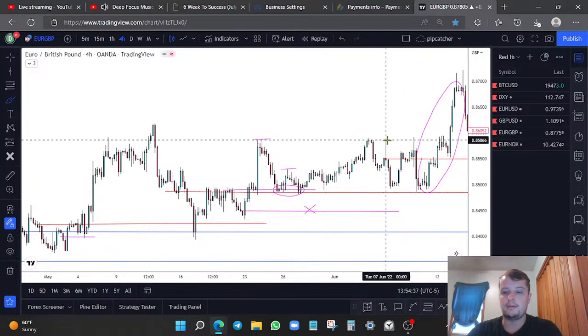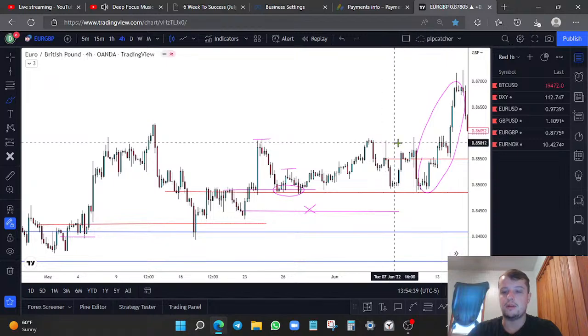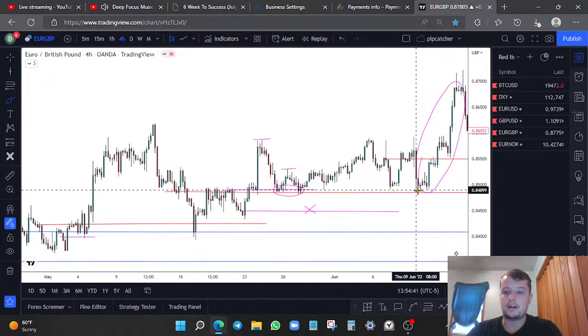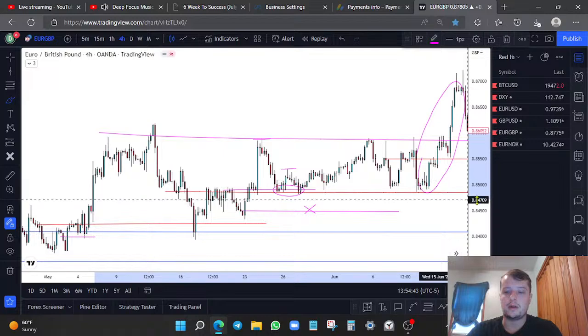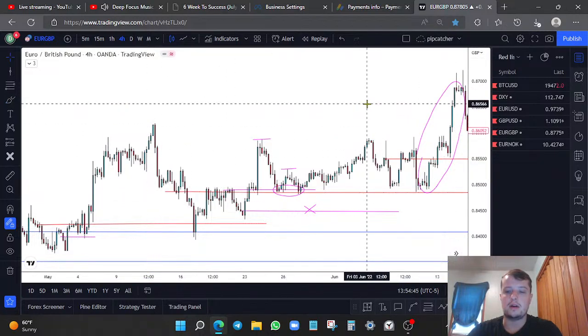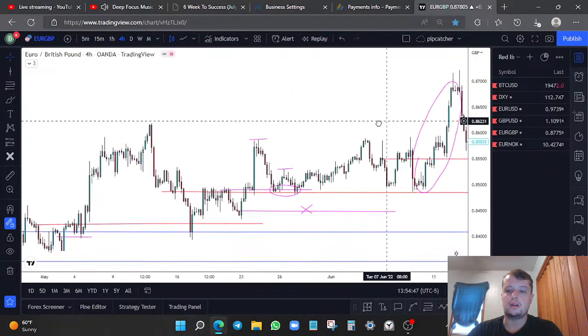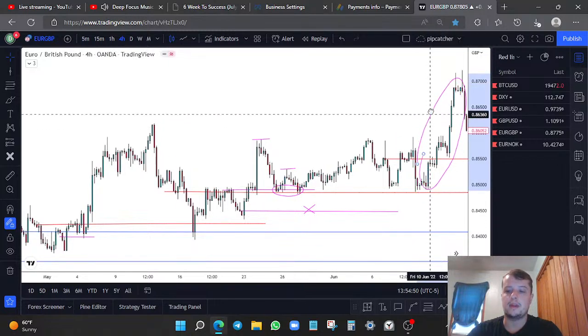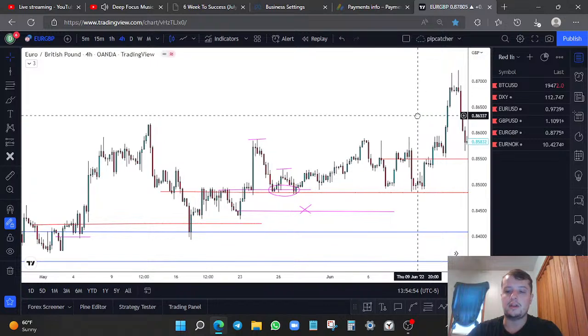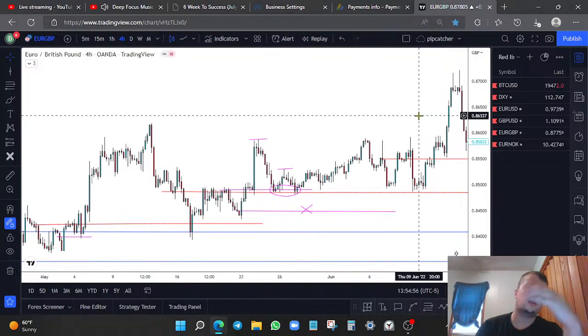This high closes below this. So it's kind of a sideways market in this area until we get to this big push to the upside. Now, what did we talk about in the beginning of this stream?